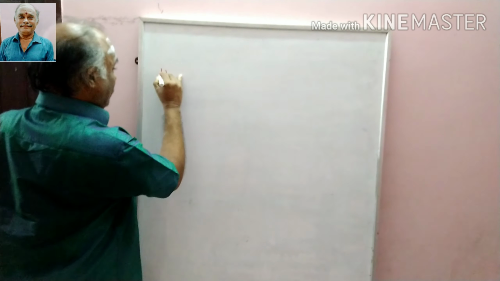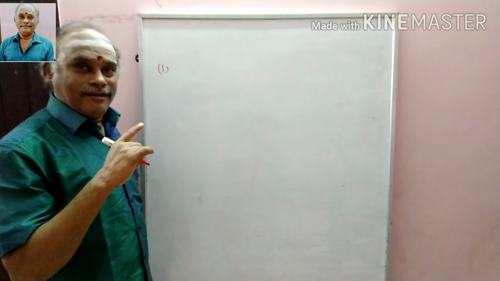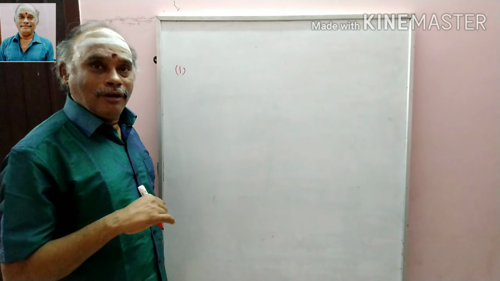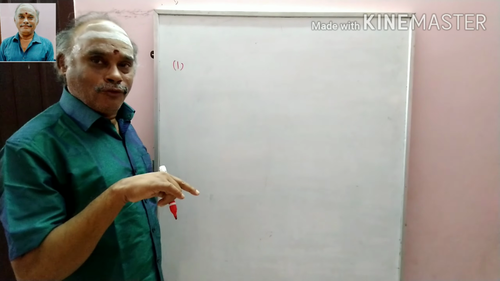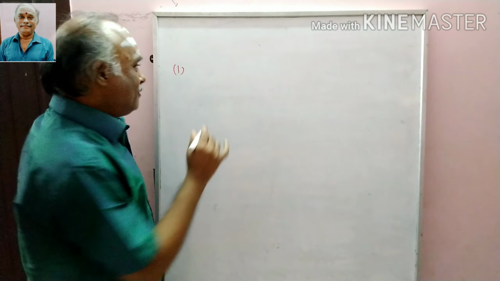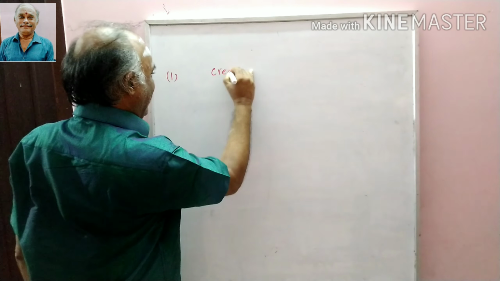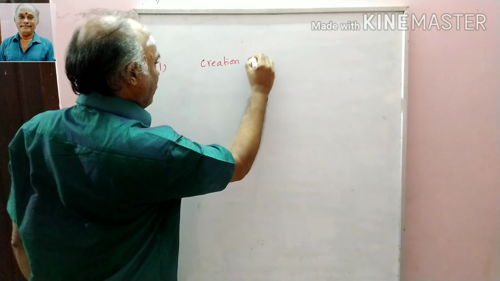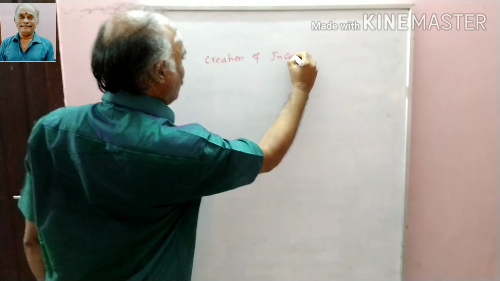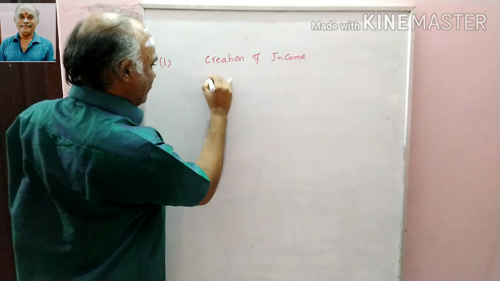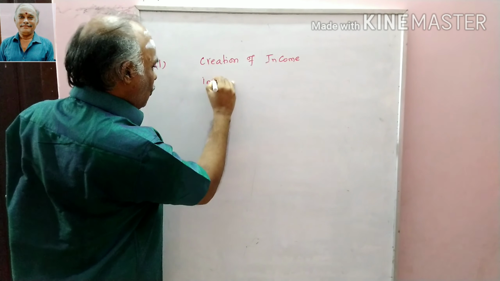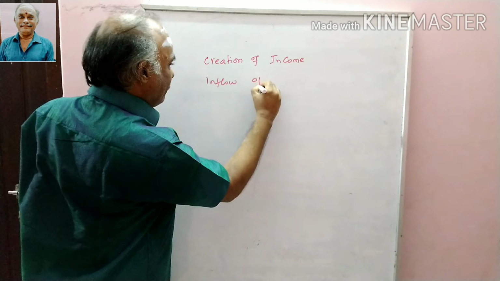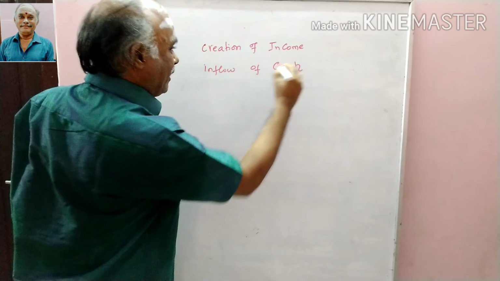So for cash transaction number 1, we have already seen in the earlier board, sale of goods or rendering of services. For that, creation of income. So you can very much know that it is a credit aspect. At the same time, inflow of cash comes in, debit aspect.